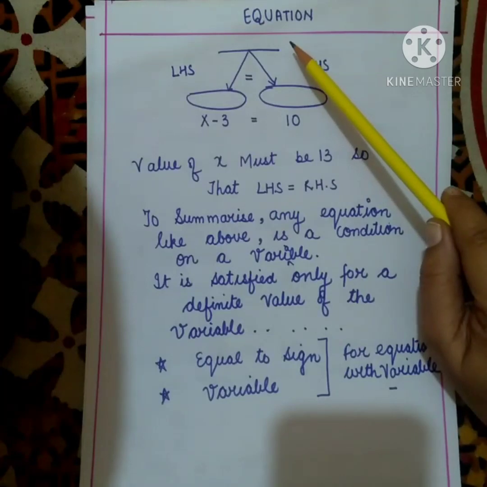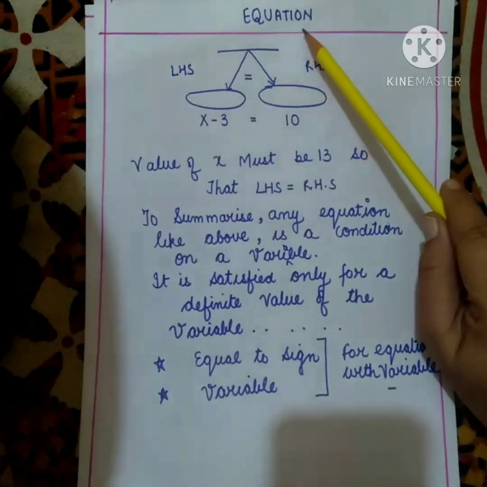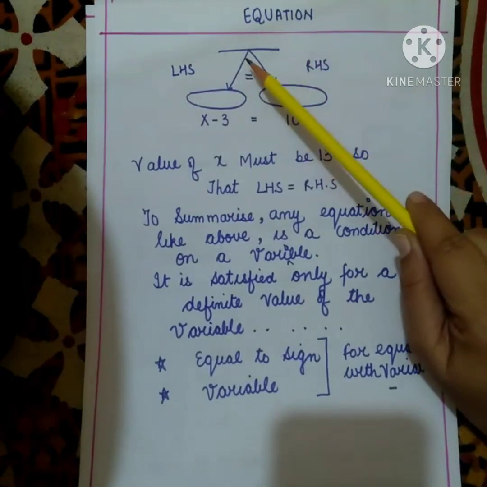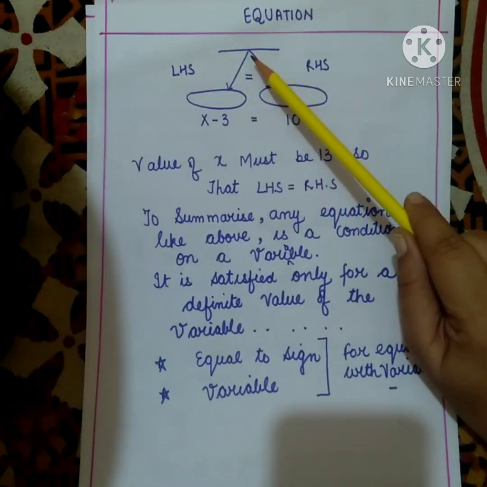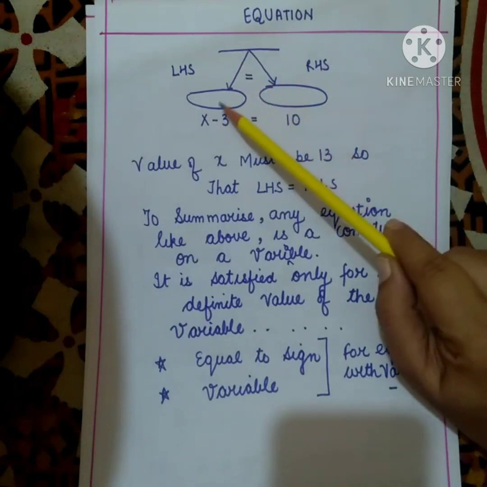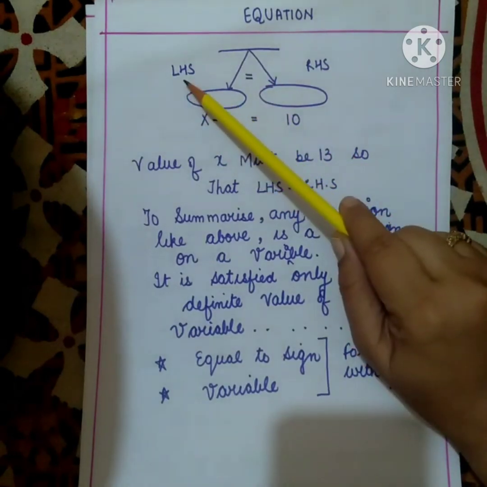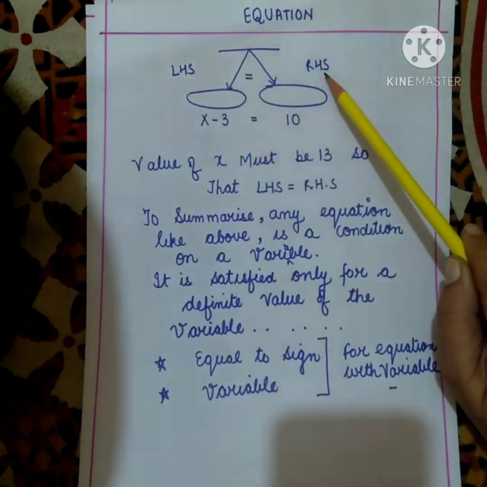Now let's understand what is an equation. If we see a measuring balance, the left hand side should always be equal to the right hand side.